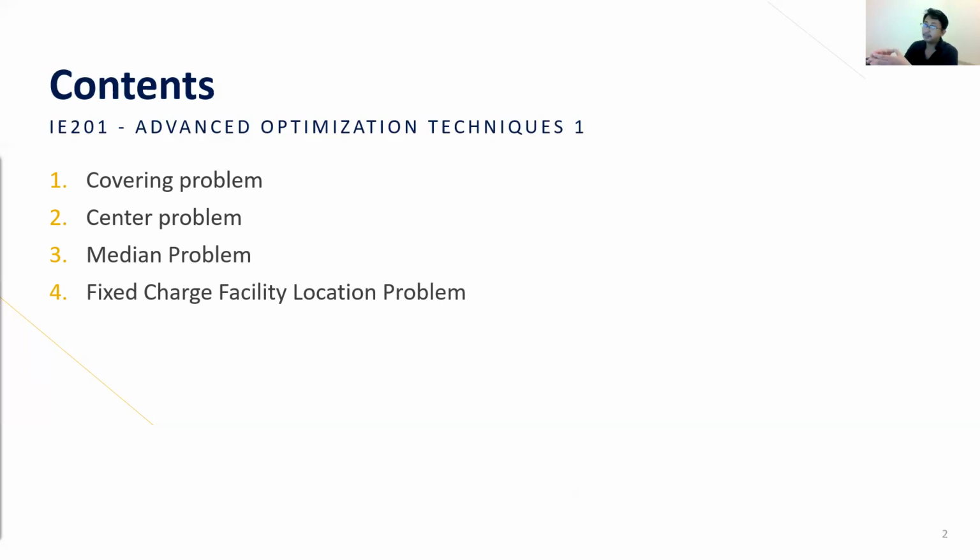For example, my facility has a different way to address the coverage. Perhaps you can start from the basic problem, and then you can modify it based on those specific needs for your modeling.